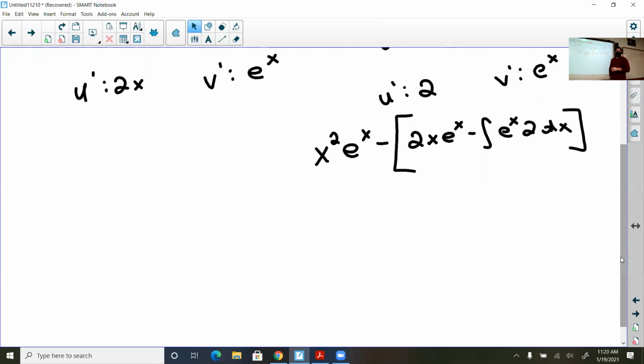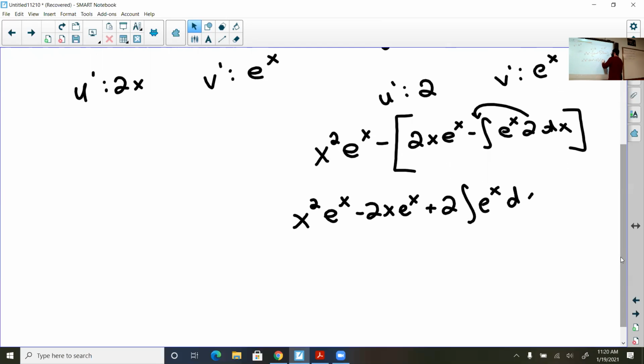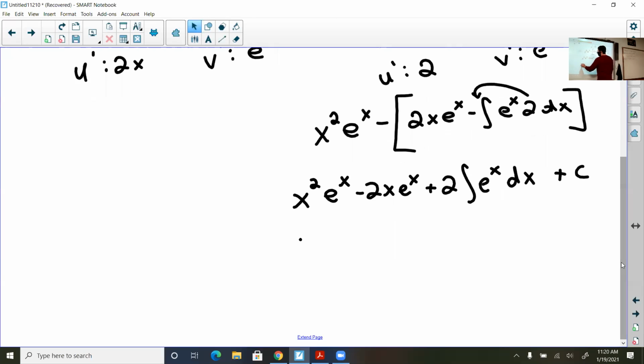Now again, our constant multiple rule of integration says that we can take this constant out and move it in front. So what I appear to be having is this quantity here, and the antiderivative of e to the x is e to the x.